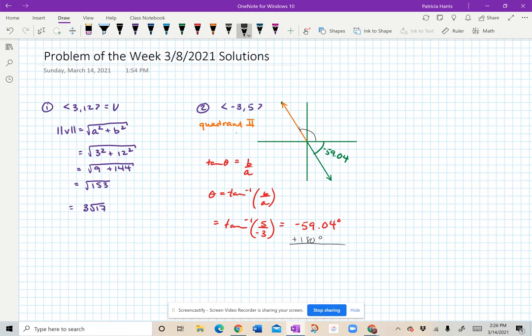So my true direction angle is 120.96 with rounding. And with the answers, I'm going to round it up to 121. All right, so that's number 1 and number 2.